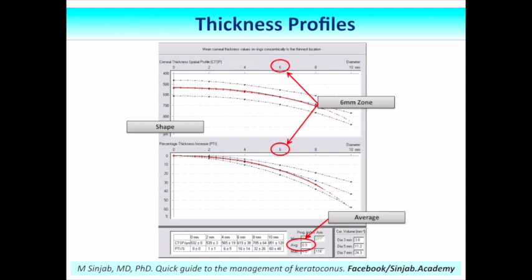The red curve represents the profile of the measured cornea, while the dotted black curves indicate the normal values in the population. We have to look at the shape. We have to look at a number called the average, and also we have to look at the zone of 6 millimeter. We will take examples in order to explain this.